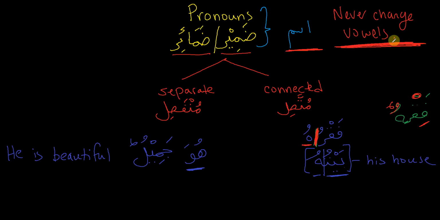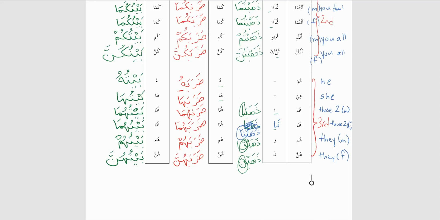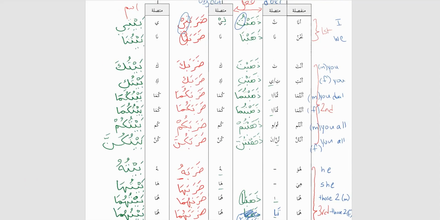Never, never. Except for one case, which we'll cover right now. Why is that important? Because if we changed this ka to ki, you've changed it from masculine to feminine, and we don't want that. So you don't change it.